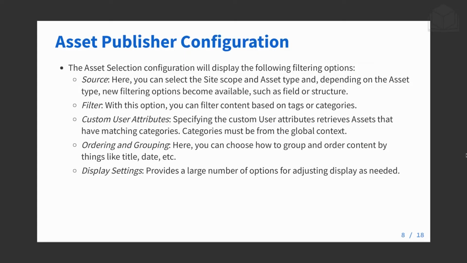All right, so these are the filters that we have available to us. There's source, filter, we will see custom user attributes, but I'll explain that in a second, ordering and grouping, and display settings.